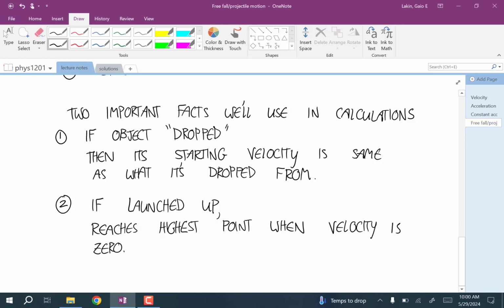We're going to use that fact in any problem where it mentions something at its highest point, or asks you for how high the thing is at its highest point. We're always going to use this fact. That happens when the velocity is 0.